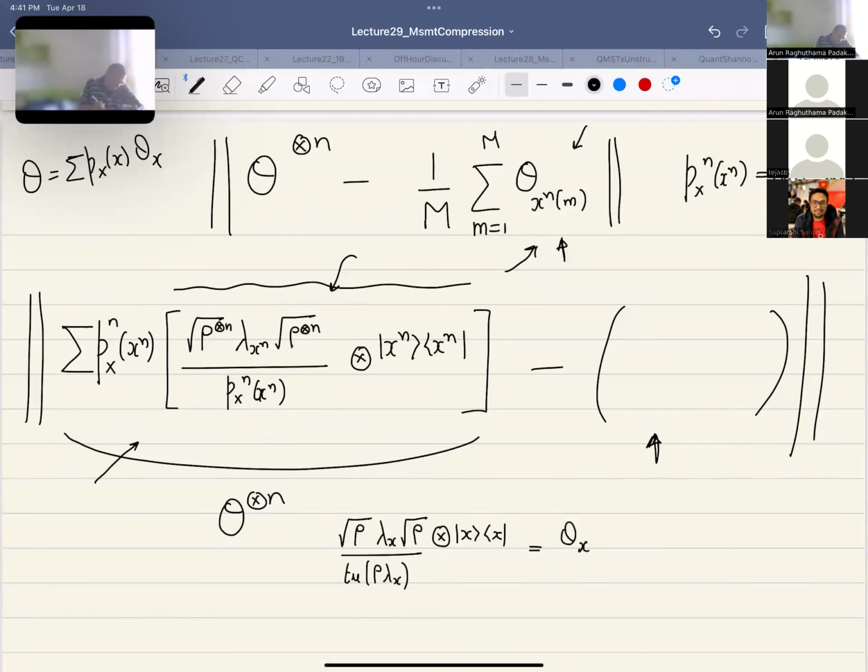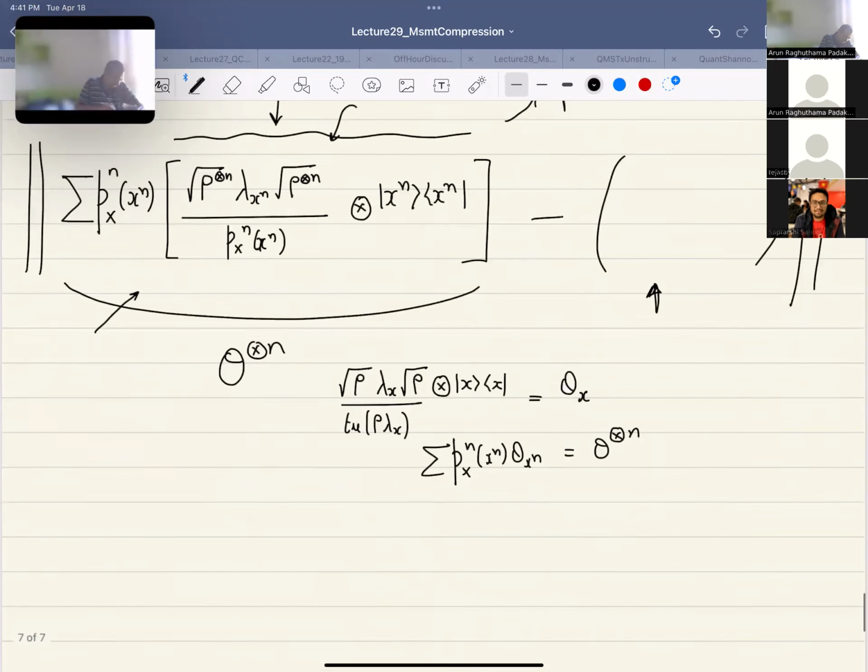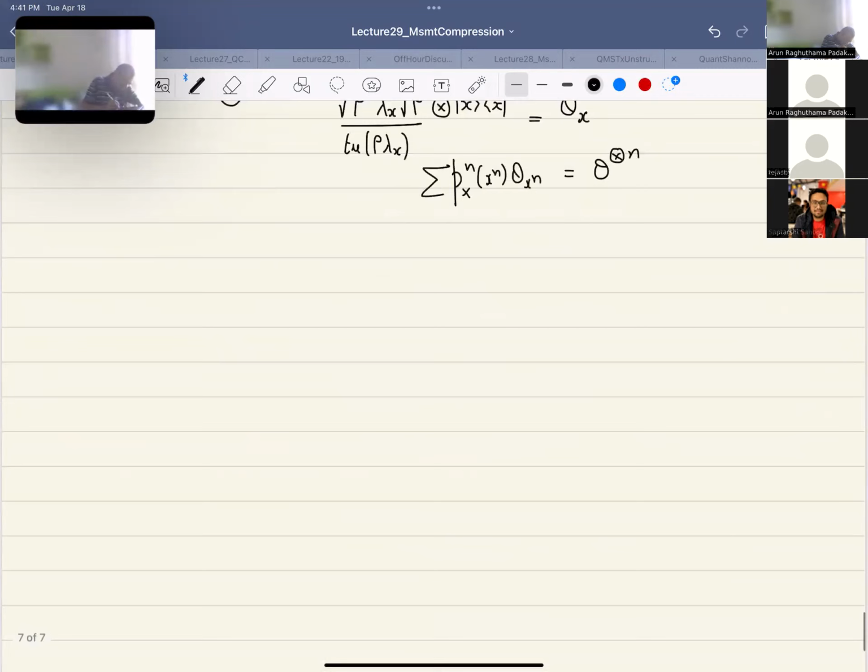So now you can actually even tell me the rates. Literally, you can tell me the rates. That's your theta x, and if I do this, theta x^n, you actually get theta tensor n. You actually get this, right? So you can tell the rates also from here, and we'll actually do that. But what we'll do is we'll come up with a measurement compression strategy.